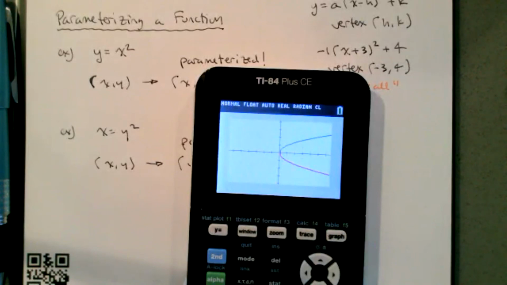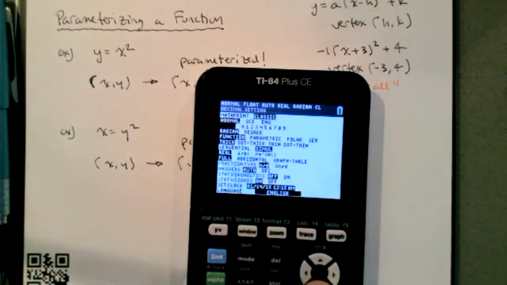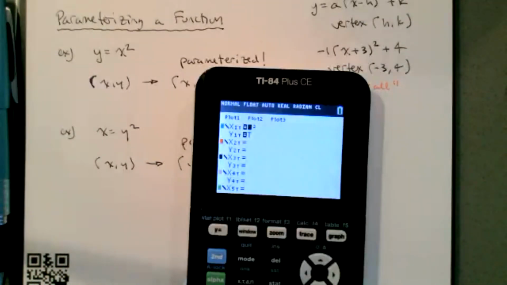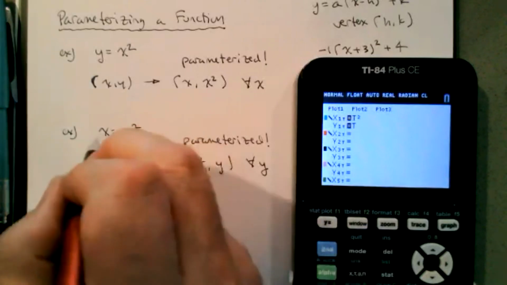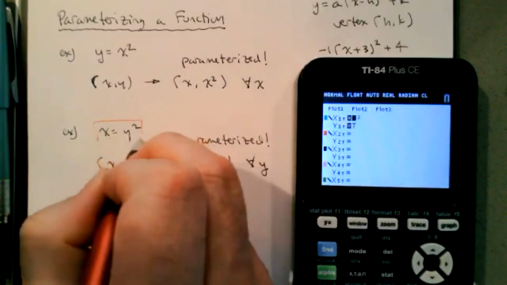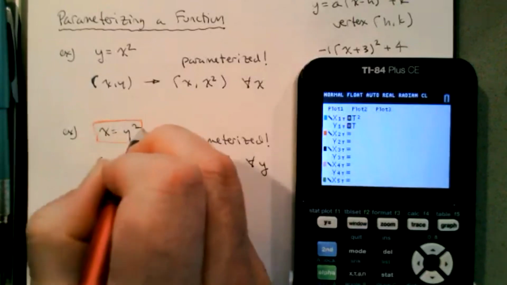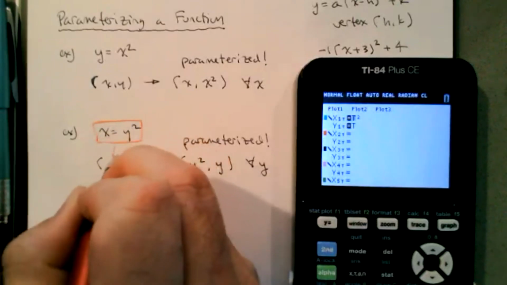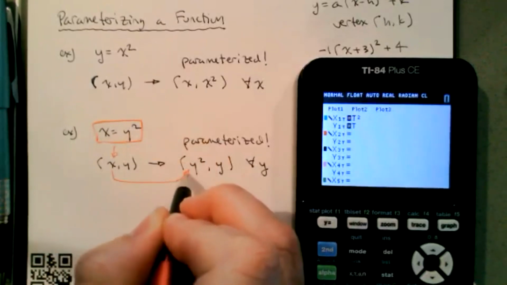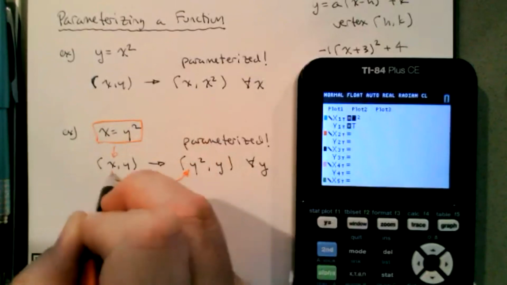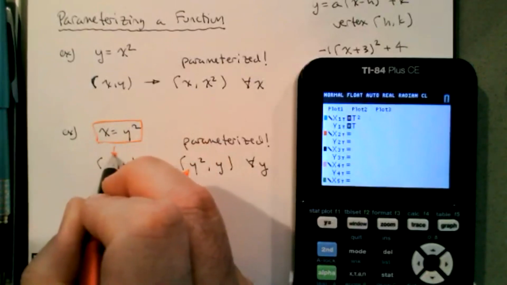But if we parameterize the curve, since I want the coordinates x comma y, and since x is equal to y squared, that means everywhere I see an x, I can replace it with a y squared.